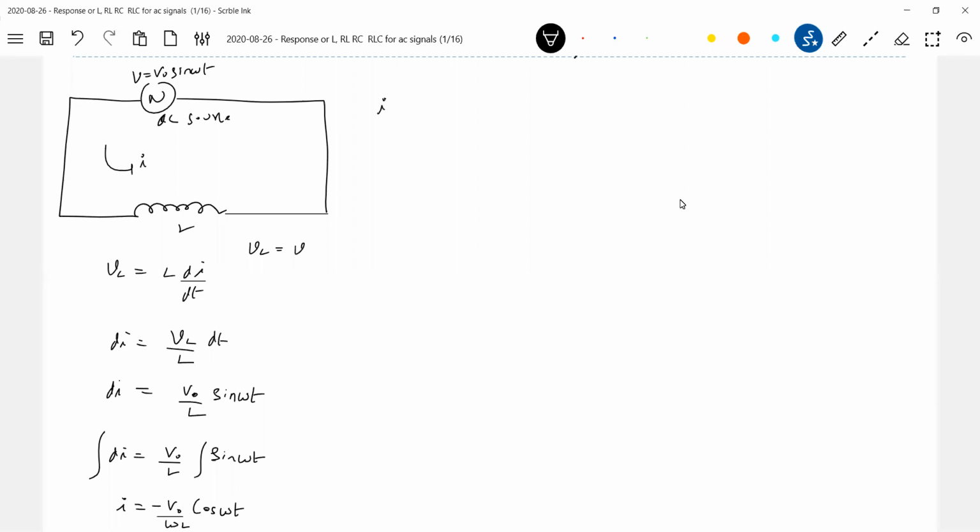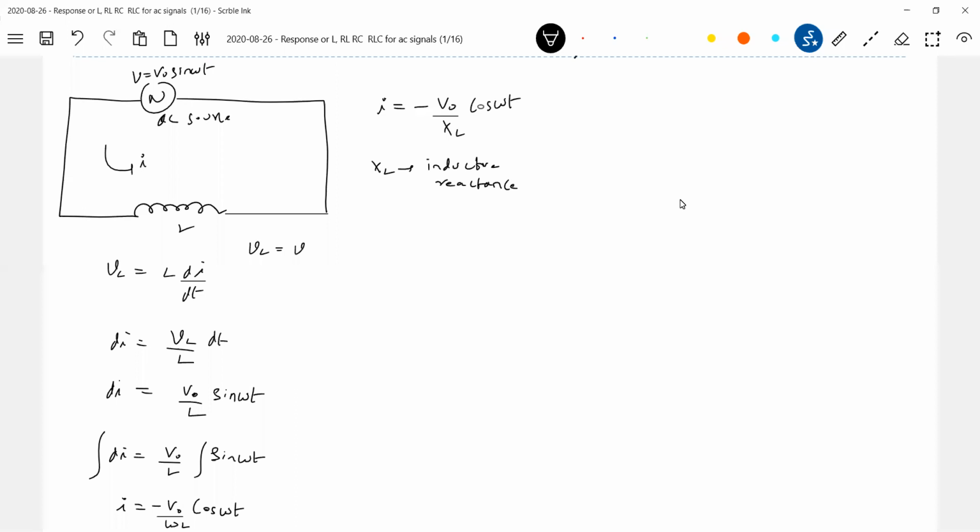So the denominator, I'll call that inductive reactance, where XL is called inductive reactance. And what it does, it will react. So what can be the unit for inductive reactance? Ohms.